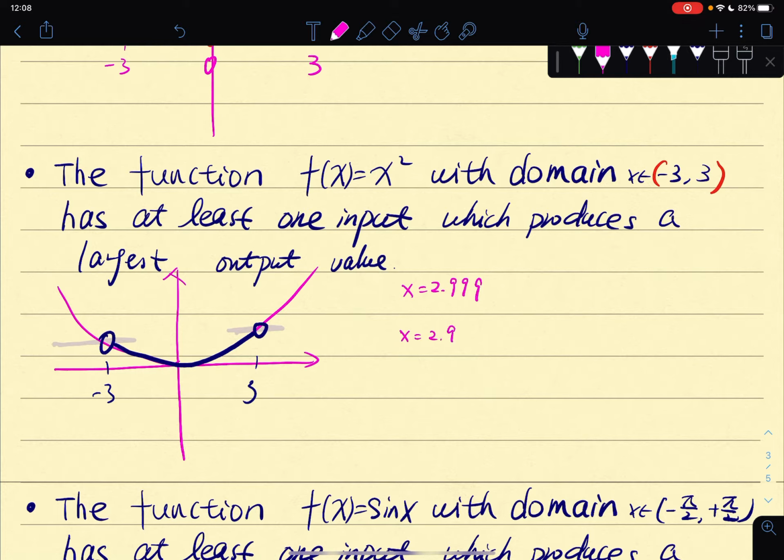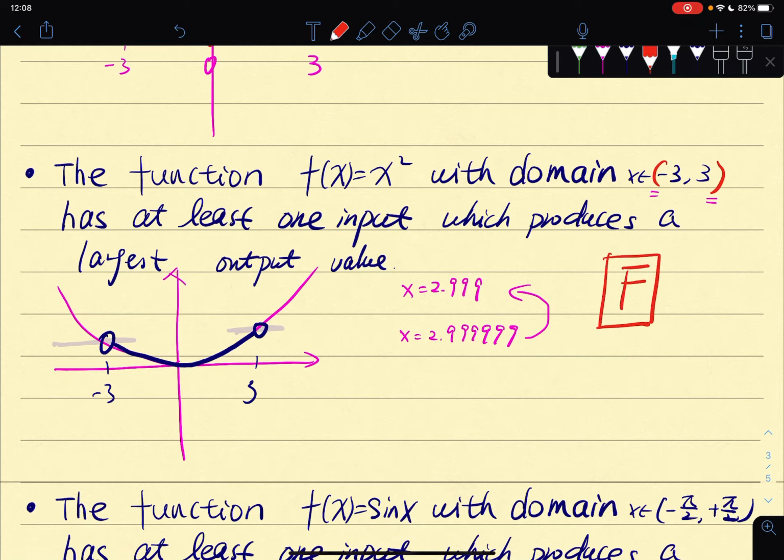I could always choose 2.99999 and guarantee you this one squared is greater than the one you propose. So you see where I'm going here? Excluding the boundary points leads to the conclusion that you cannot reach the largest function value. Therefore, this is false.